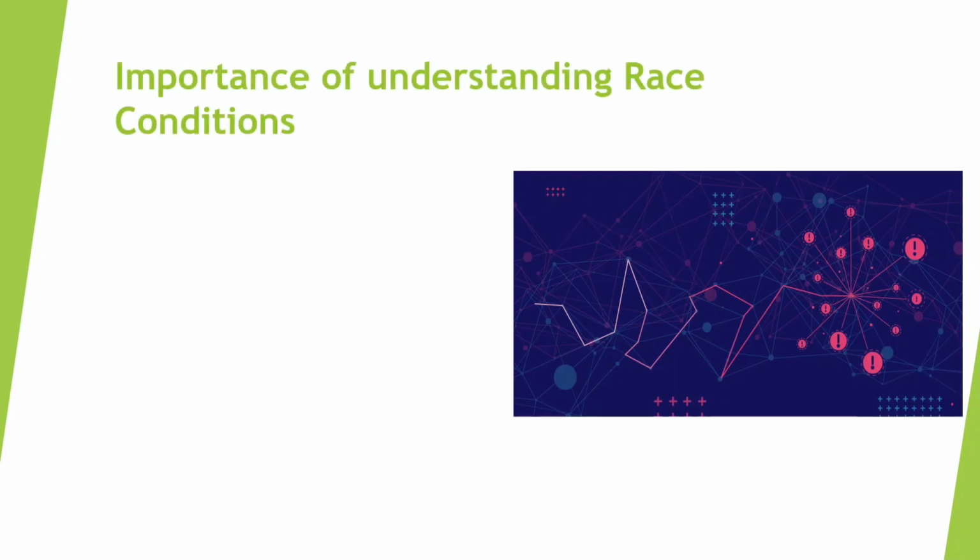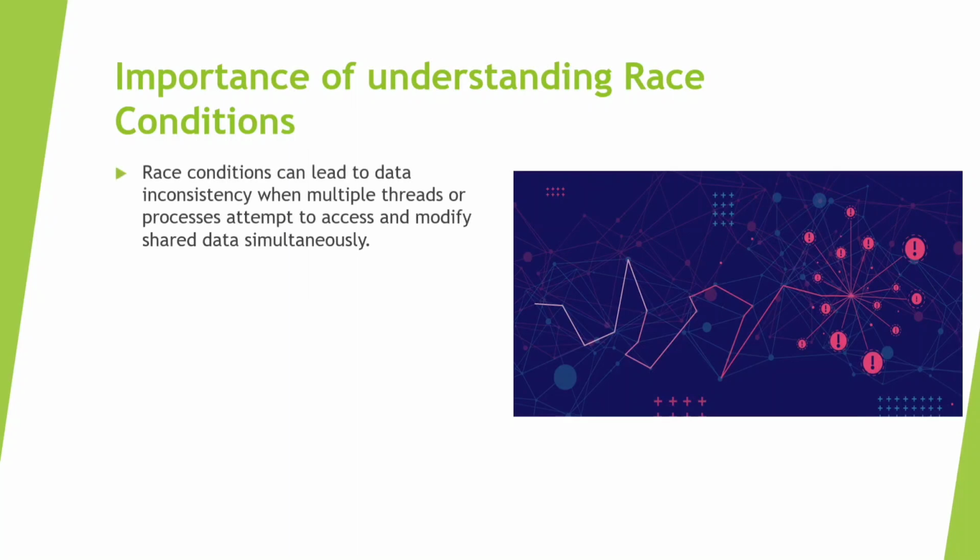Now, why is it important to understand race conditions? It becomes important because this vulnerability can lead to data inconsistency, and it can also allow an attacker to modify data without proper authorization.